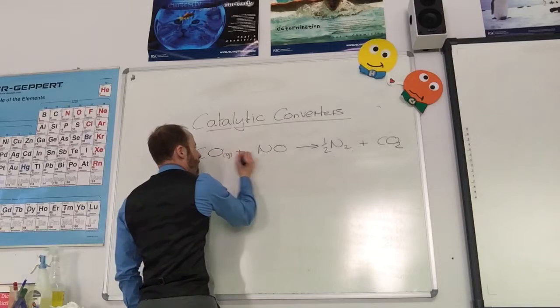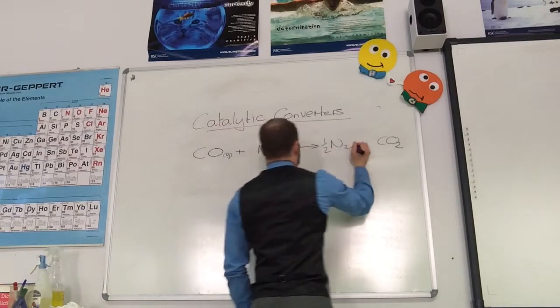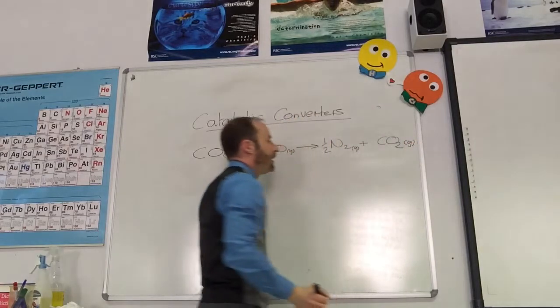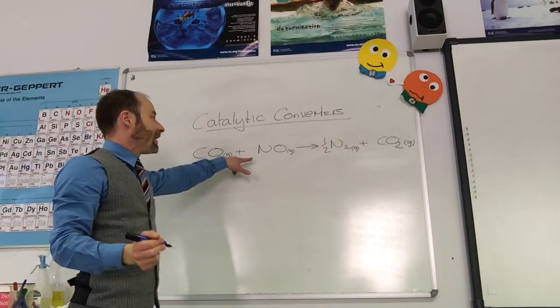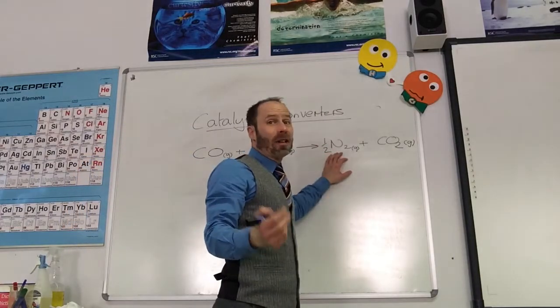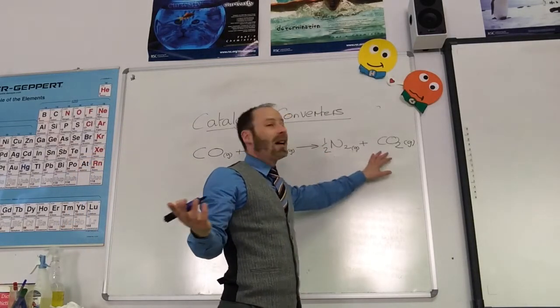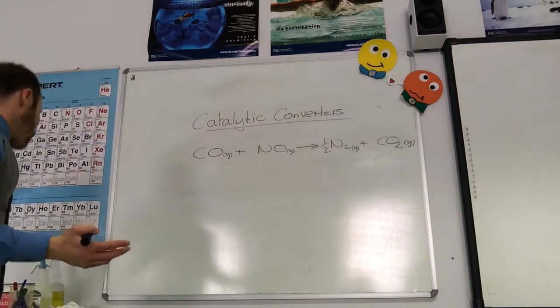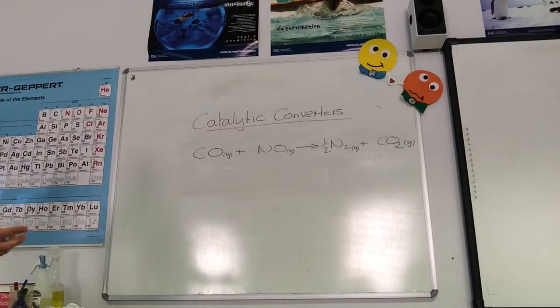So carbon monoxide gas reacts with nitrogen oxide to give you nitrogen gas and carbon dioxide gas. So we've taken two quite nasty pollutants and turned them into nitrogen gas, which doesn't harm us, and carbon dioxide as well. So we've removed the carbon monoxide and nitrogen monoxide coming out of the gases.